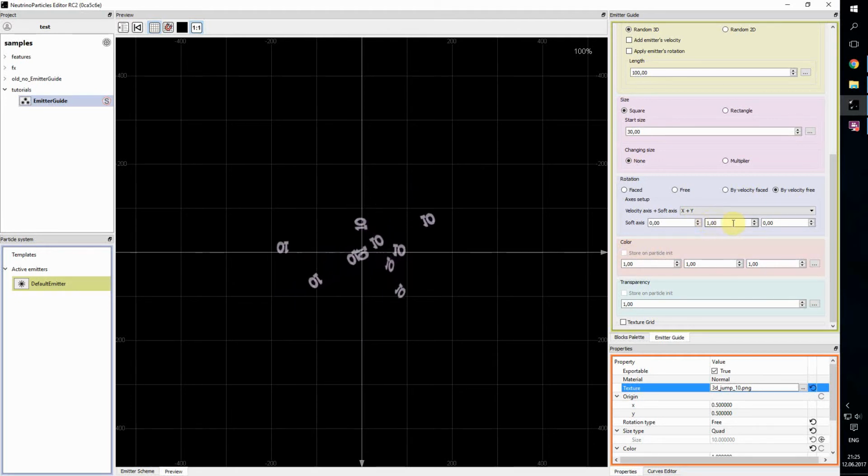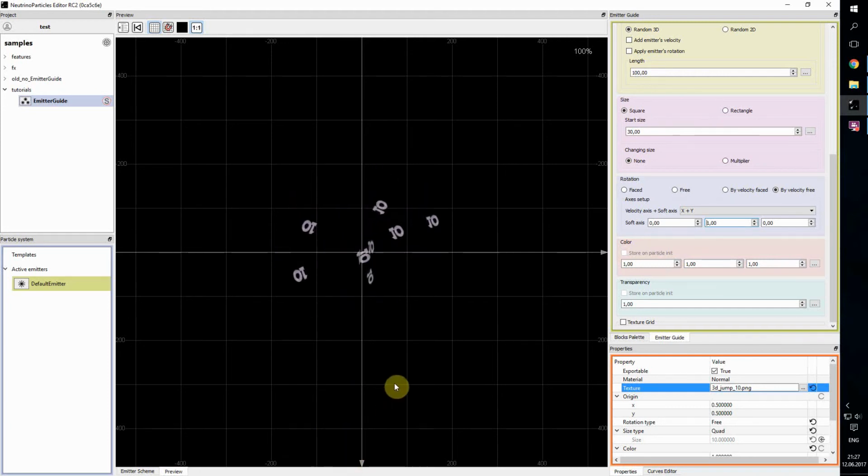So all particles try to rotate vertically. They are upside down because the y-axis looks down.